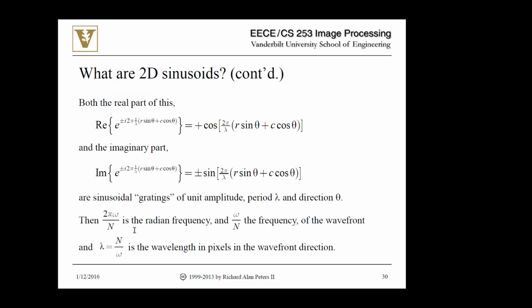But for the moment, let's say that the image is square, so we have an n times n image. The radial frequency was 2 pi omega divided by n. This omega is the polar coordinate, so it is the length.